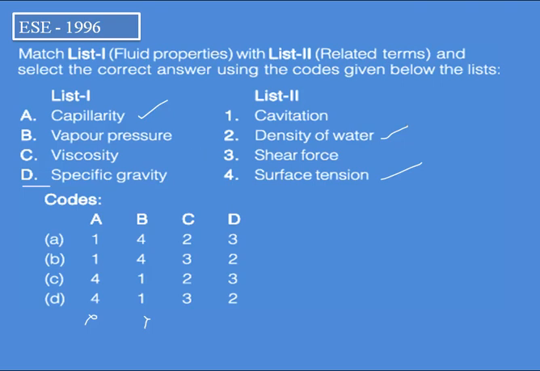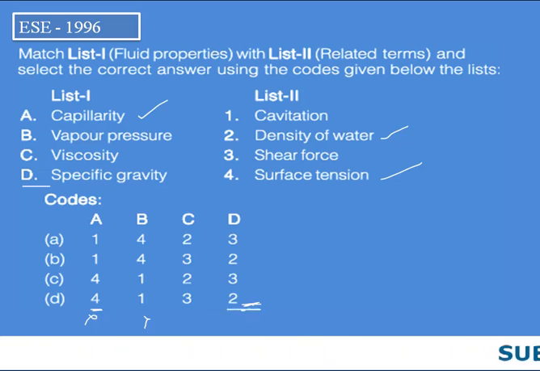So I will go with this option, specific gravity is related to density of water. But anyhow, we'll check whether it is there in these options. D is 2. Okay, why? Because we got this 4 for the capillarity, and for that we have D for 2.